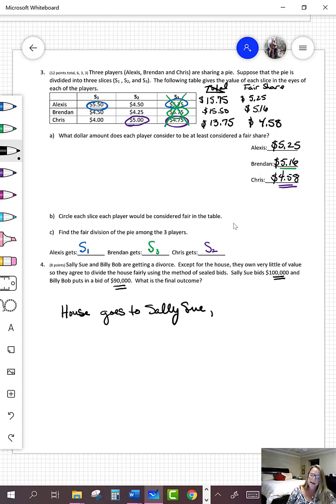She has to pay half the value. She only gets half of the value of what she thinks it is worth. So she thinks that a fair share would be $50,000 or more. And so she has to pay the pot $50,000.